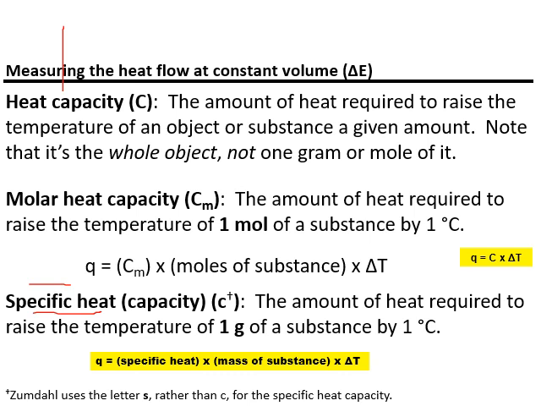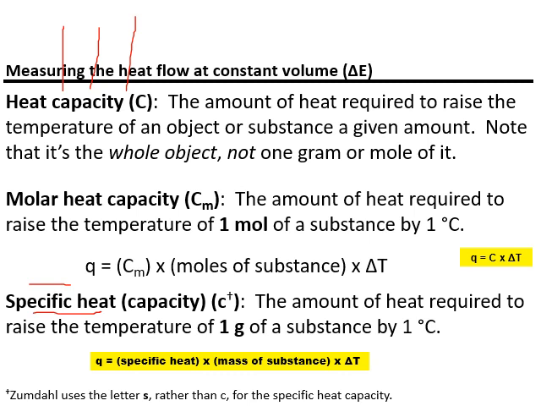In other words, if you want to figure out how much heat you'd have to put in to raise the coffee cup's temperature 4 degrees, you would just multiply the 4 degrees times what's called the heat capacity for the coffee cup, and that's given in units of joules per degree. So all you have to do is multiply the heat capacity times the number of degrees.